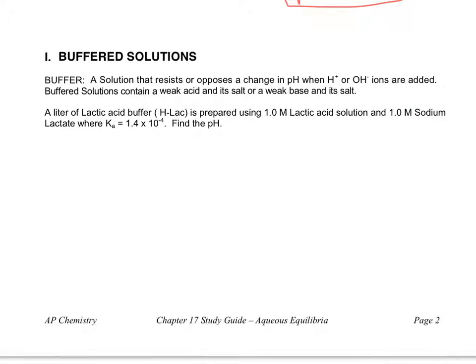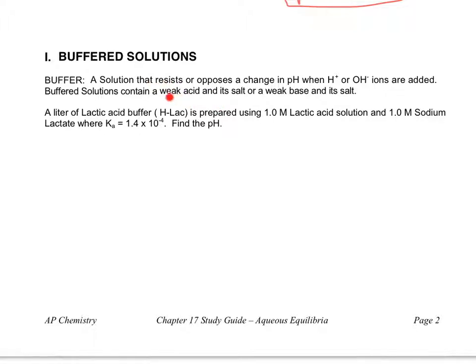So if my buffer starts out at pH 11 and I keep adding acid to it, it should remain pretty close to 11 until a certain limit. Now, a buffered solution is made of a weak acid and its salt or a weak base and its salt. So a buffer solution is actually a mixture of two different substances mixed together in water.